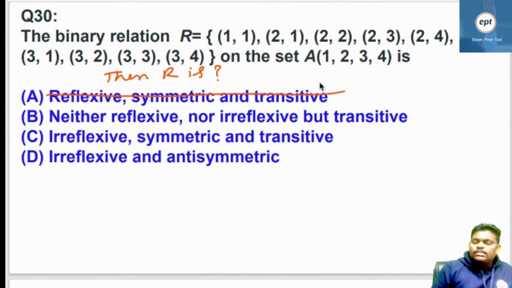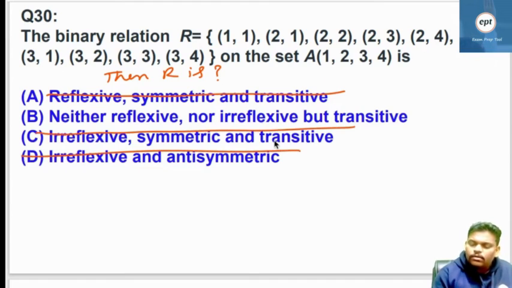Next, is it symmetric? (2,1) reverse is (1,2). No. Symmetry is gone. Is it irreflexive? (1,1) is there, so irreflexive is also gone. Neither reflexive nor irreflexive, but transitive. This is the only option left.